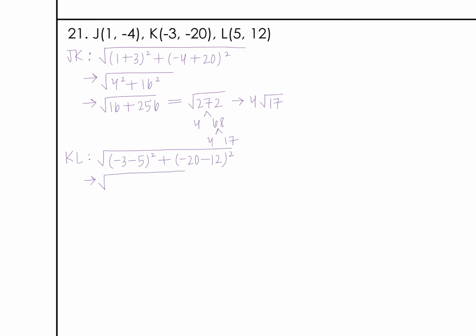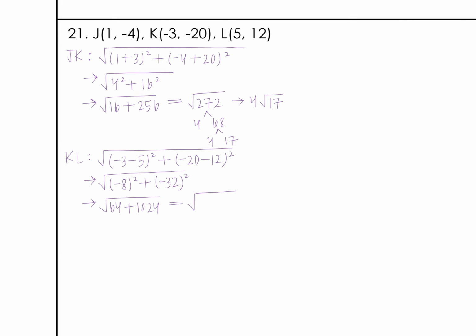Okay, so -3 minus 5 will give me -8 squared plus, and then -20 minus 12 will give me -32 squared. So -8 squared will give me 64. And then -32 squared is going to give me 1,024.